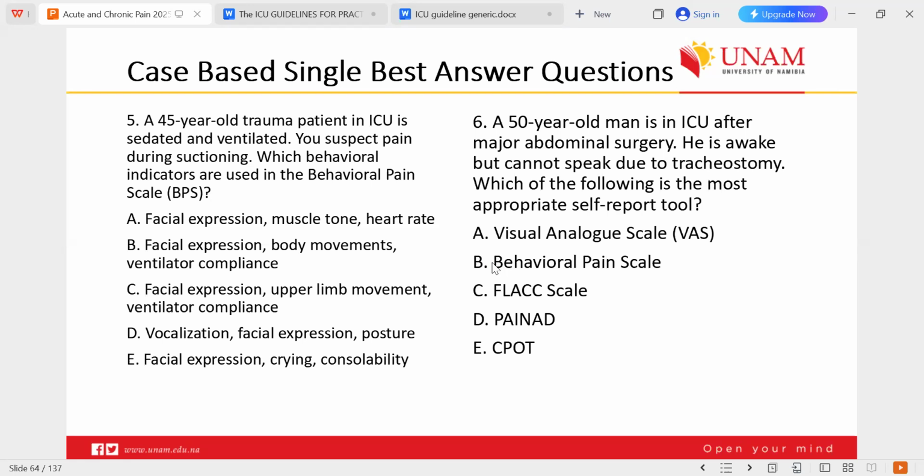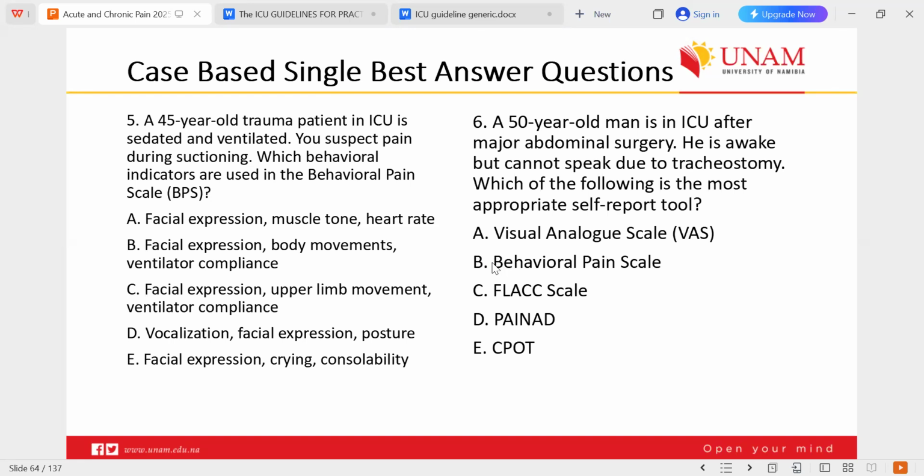Anyone? C, because of our time: facial expression, upper limb movement, ventilator compliance rather. So the last question, did we get that answer, number 5? Yes, sir, we got it. Yeah, we got it, Prof.